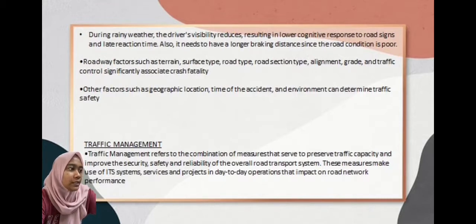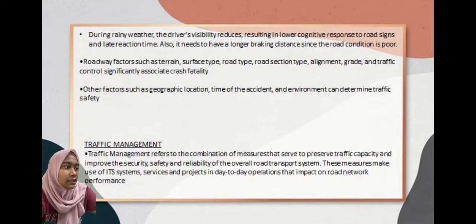Roadway factors such as terrain, surface type, road type, road section type, element, grade, and traffic control significantly cause crash fatality. Lastly, other factors such as geographic location, time of the accident, and environment can determine traffic safety.